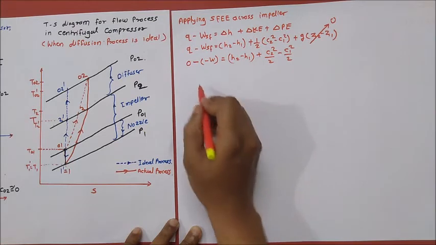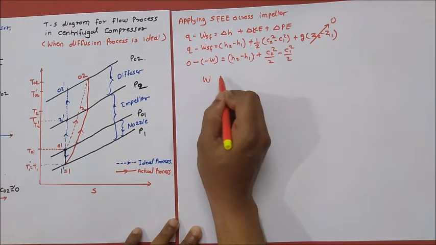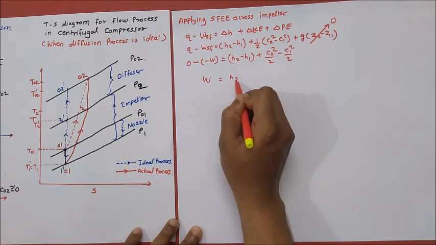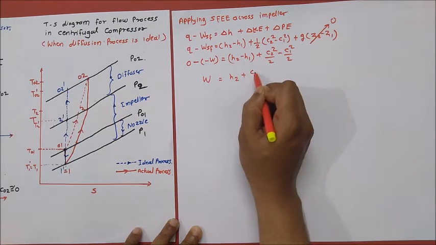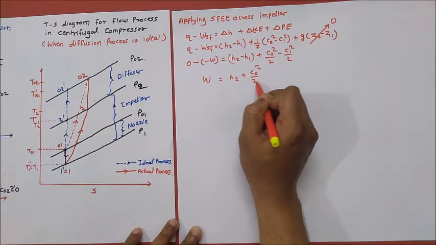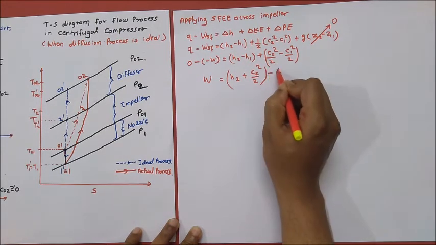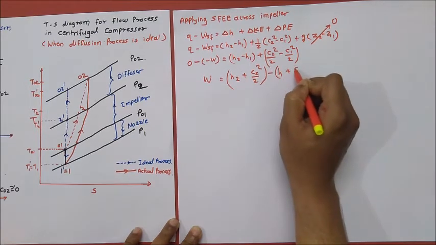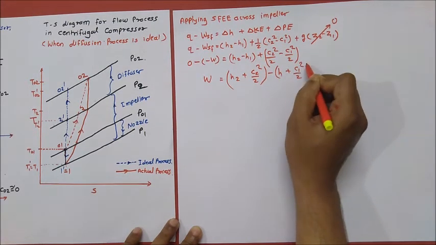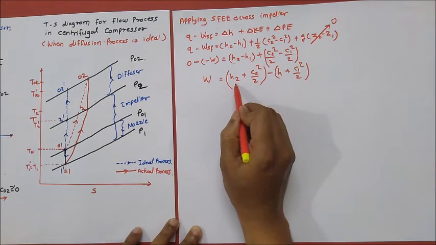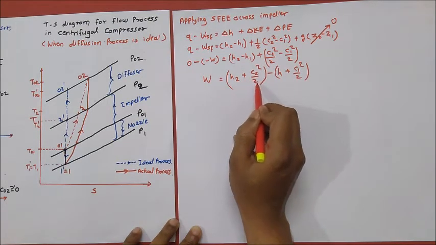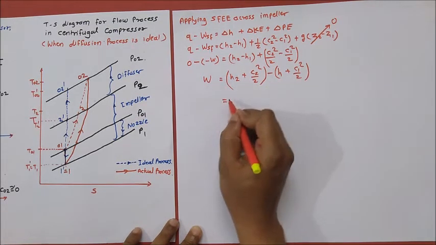We'll rearrange this equation. So work W is equal to (H2 plus C2 square by 2) minus (H1 plus C1 square by 2). Now this term H2 plus C2 square by 2 is stagnation enthalpy.